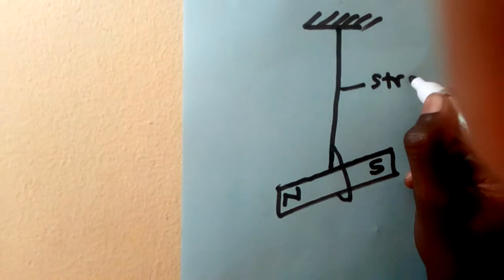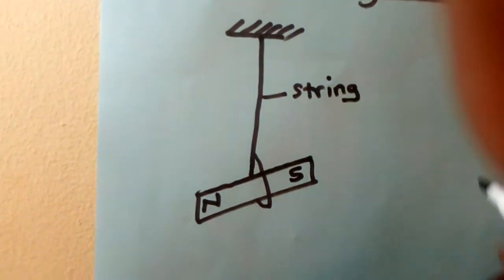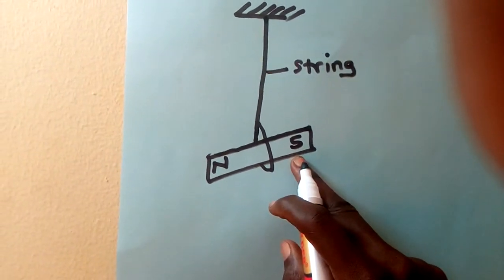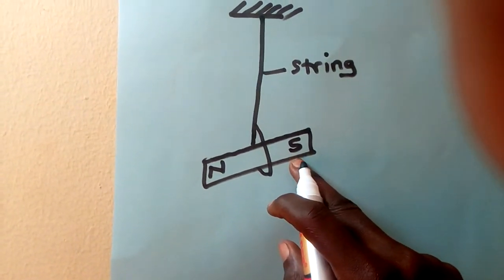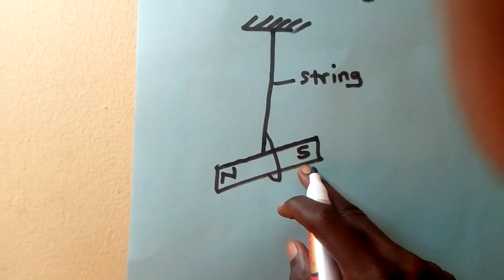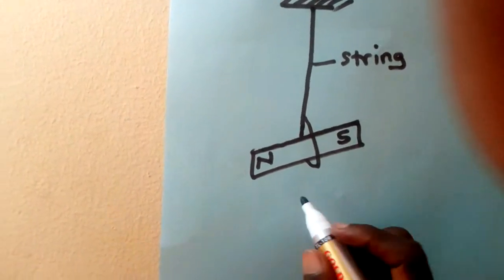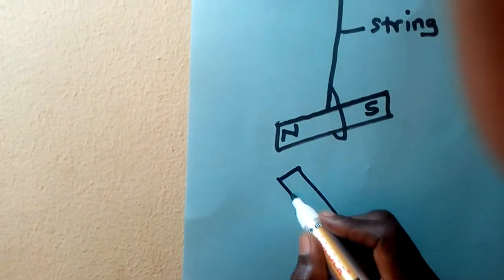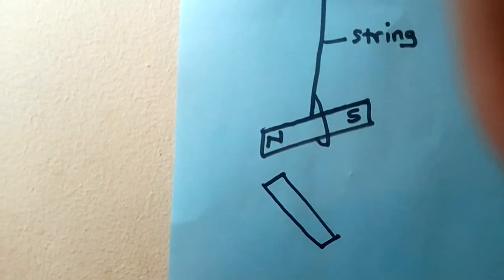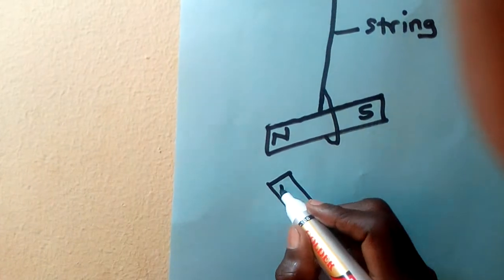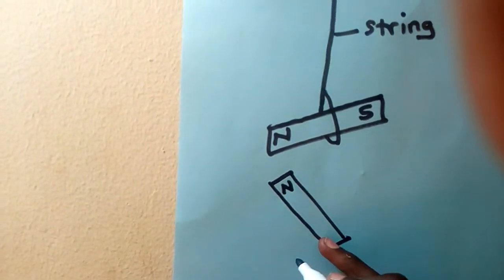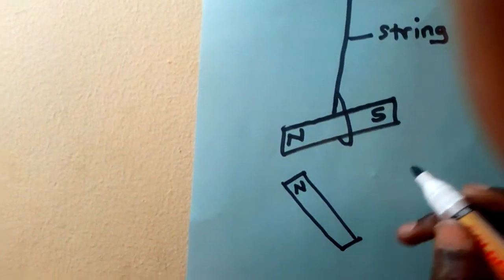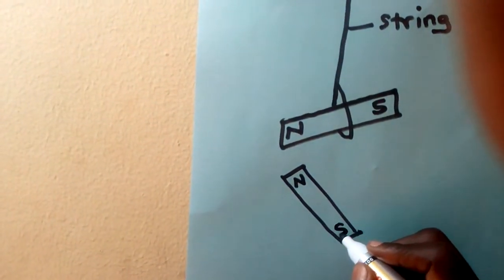There is a string here or a thread. So this magnet is suspended. We are right to call this magnet a suspended magnet. Now we are going to bring another magnet close to this one. Supposing we bring the north pole of this magnet near the north pole of the suspended magnet. This is the north, this is the south. What happens?